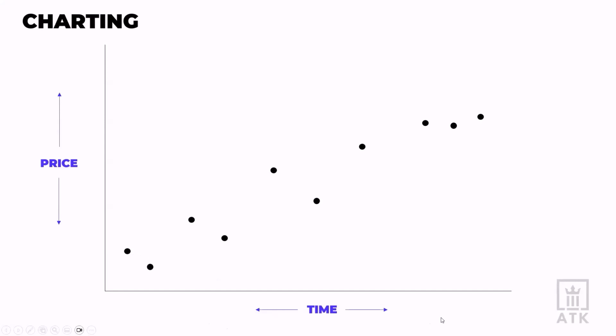If I was on a monthly chart, it would show me when August closed what the price was, and then the next one would show me when September closed what the price was. And so that continues on. And if you just connect the dots, you essentially have your chart.